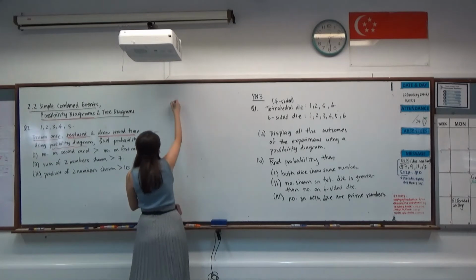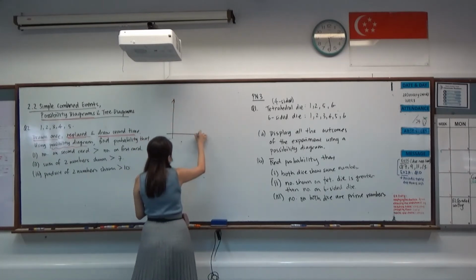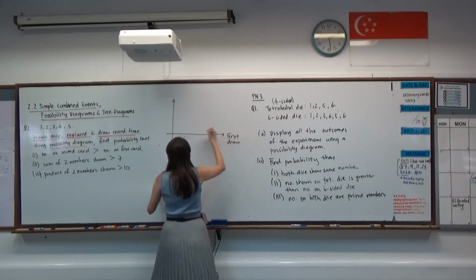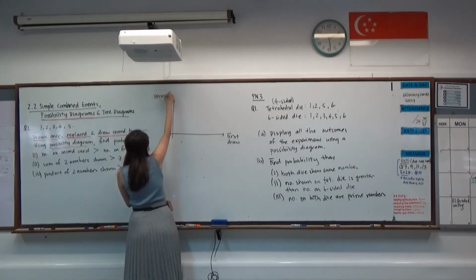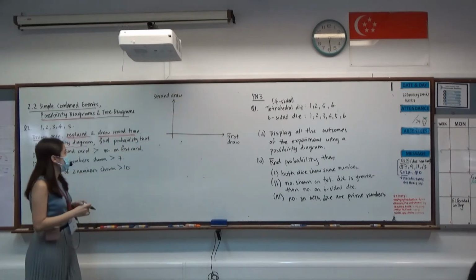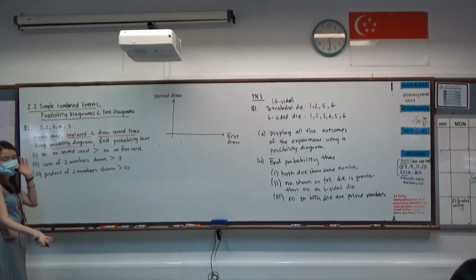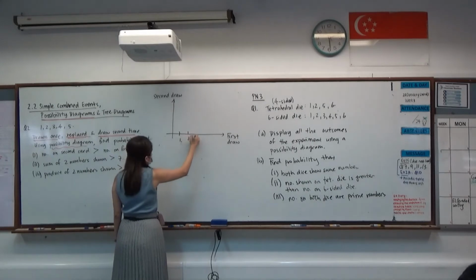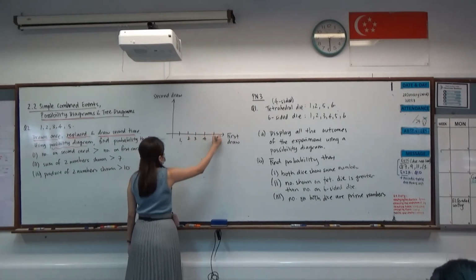So how could the possibility diagram look in this case? We draw our first draw and second draw and label them as axes in this manner. You can still have it the other way around, that's perfectly fine. The numbers are 1, 2, 3, 4, 5.